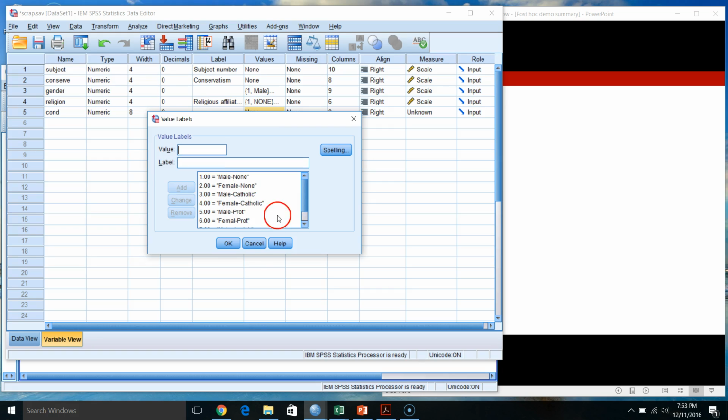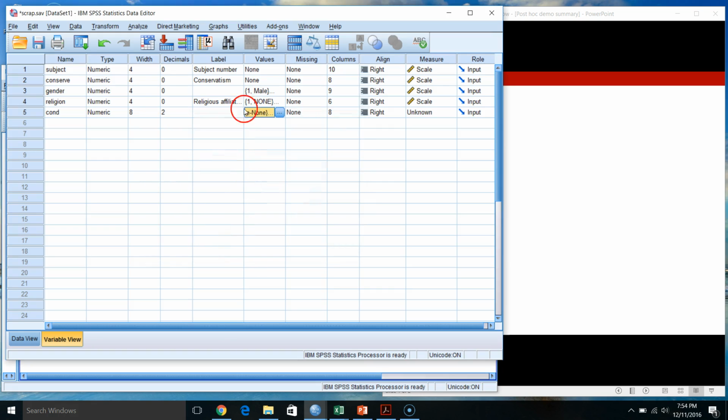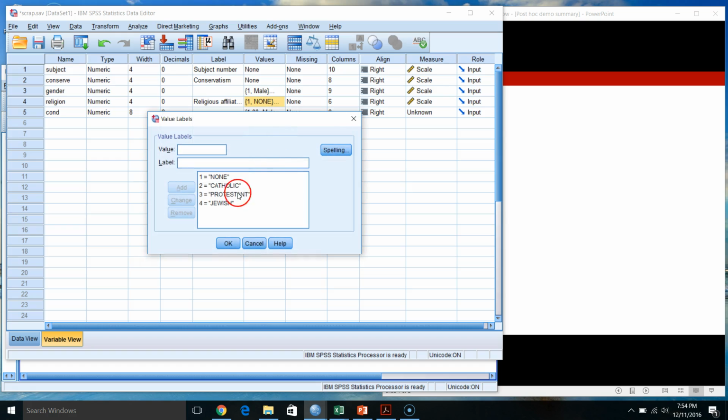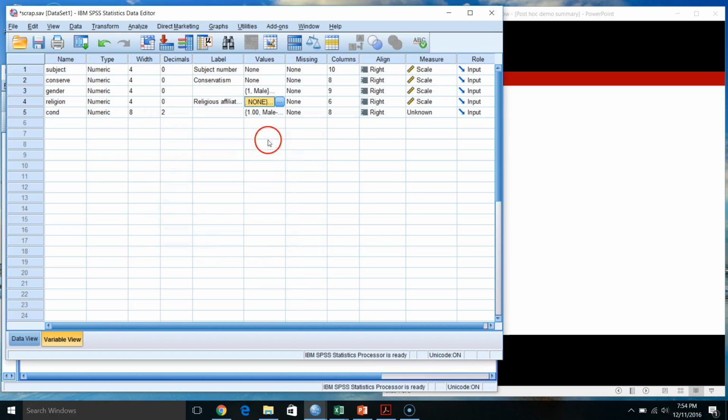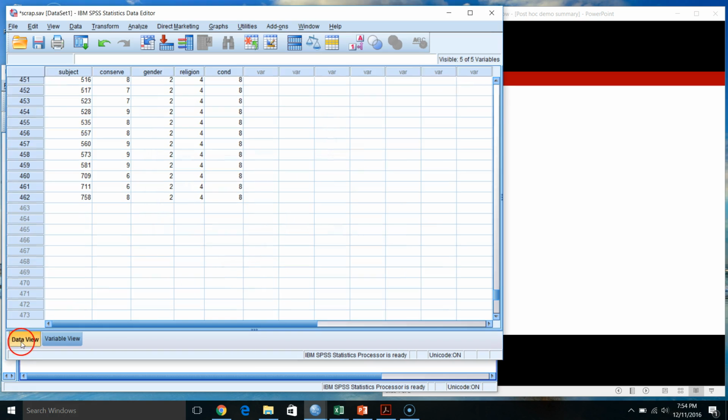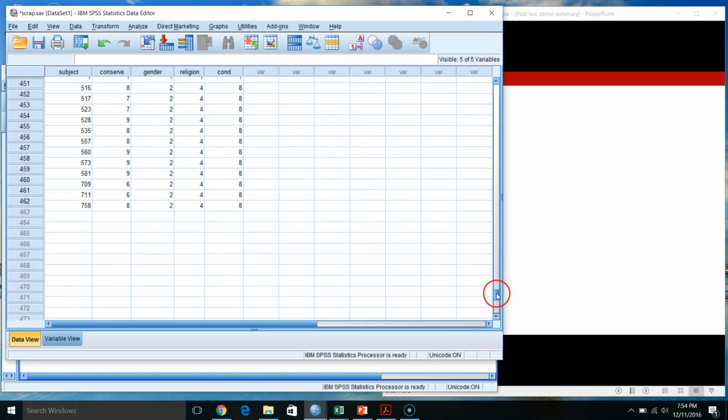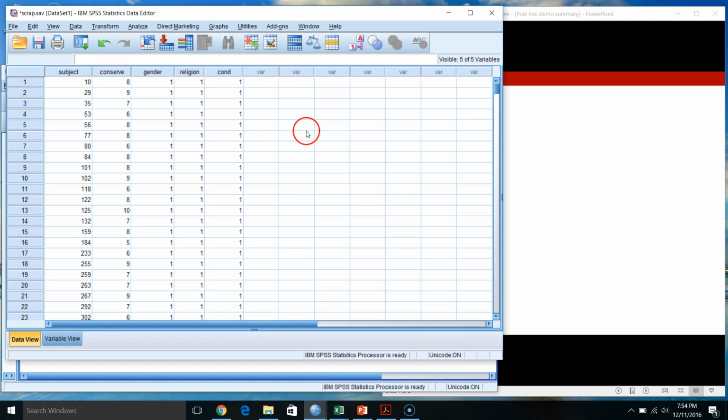Okay, so that should get us there. So this will just make it easier when we go through and do our screening to identify, because things will be labeled.